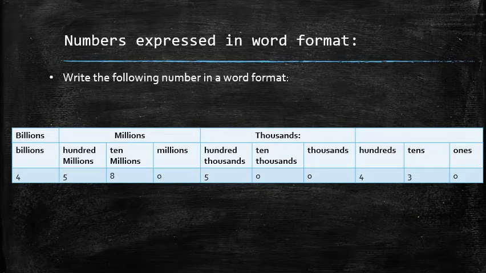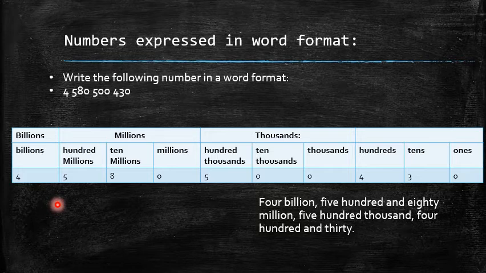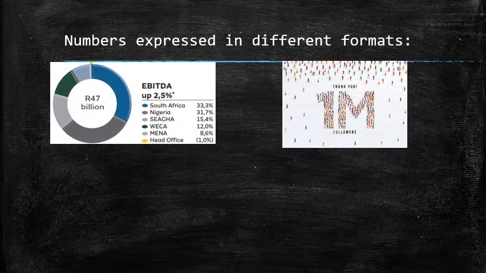So when we get an even bigger number and we write it in from right to left and we look at something like this, we get a total of 4,580,500,430.